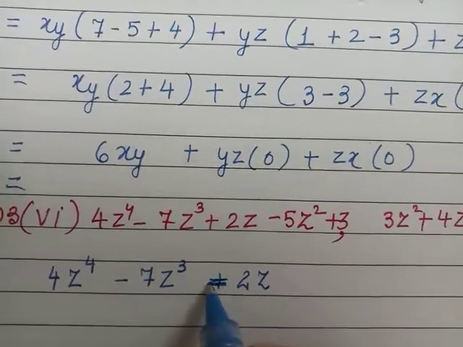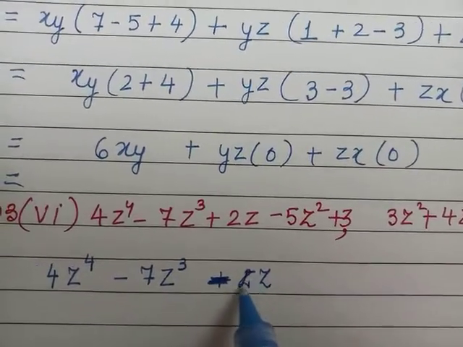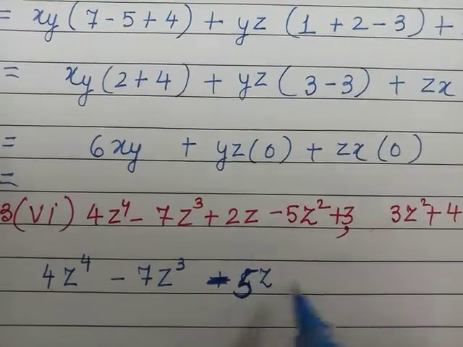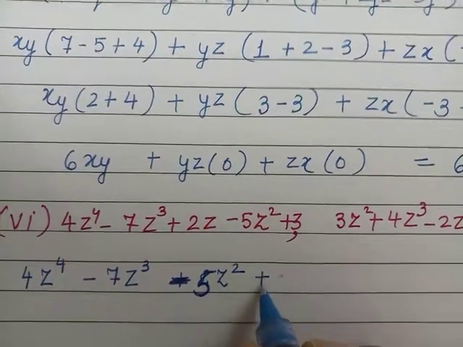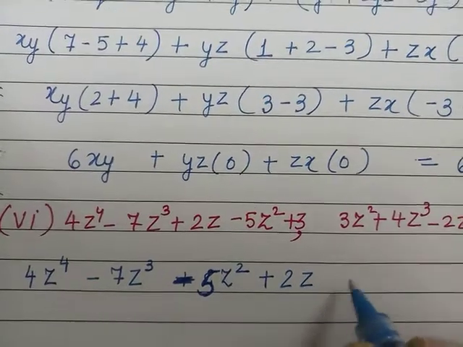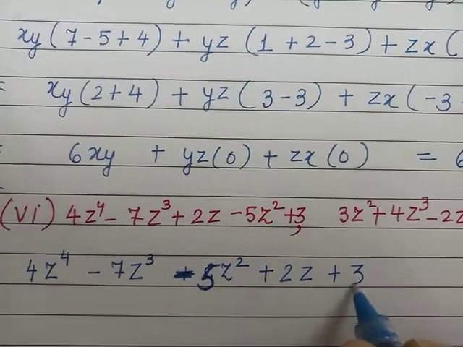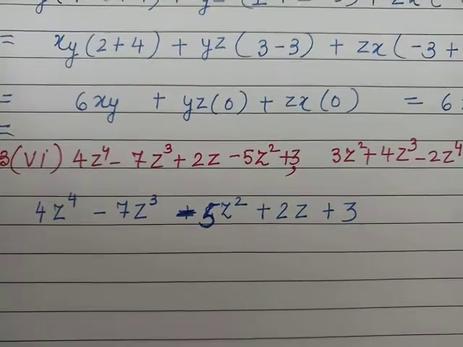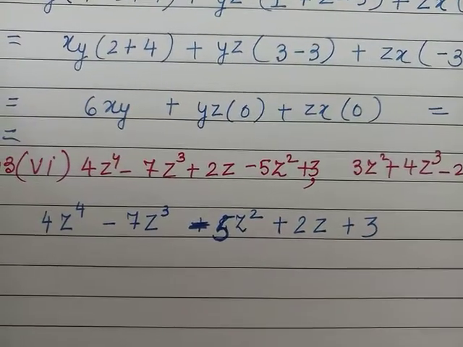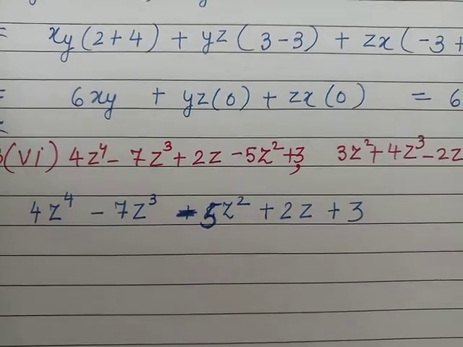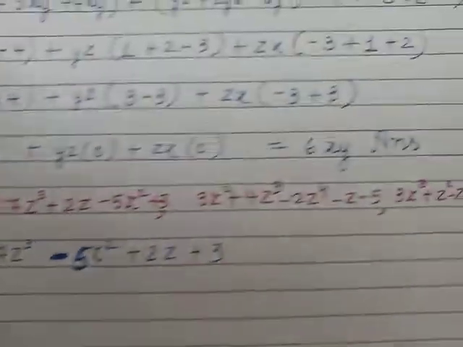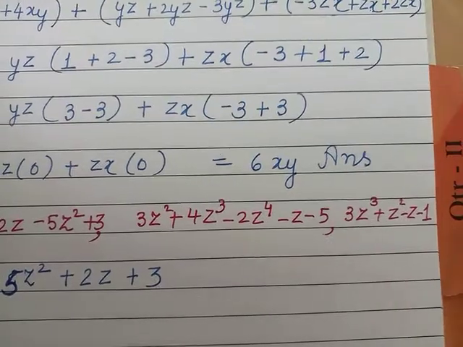So we write minus, and this is 5z square. Then we'll write power 1 term, that is plus 2z, and the last we'll write the constant. So this way I have written the given mathematical expression in the descending order, and then I write the next expression.